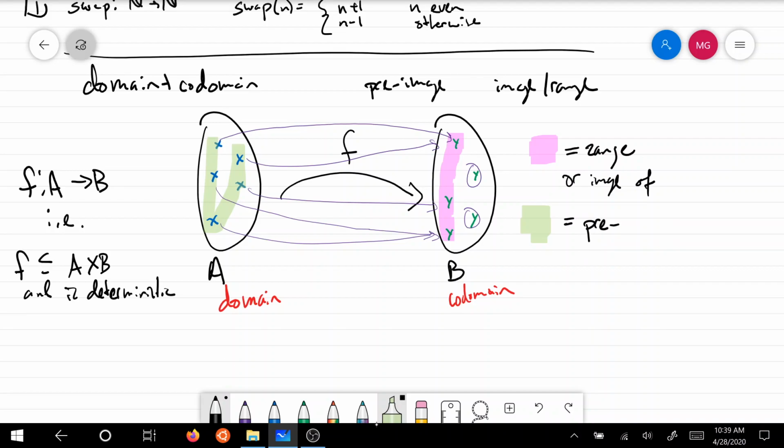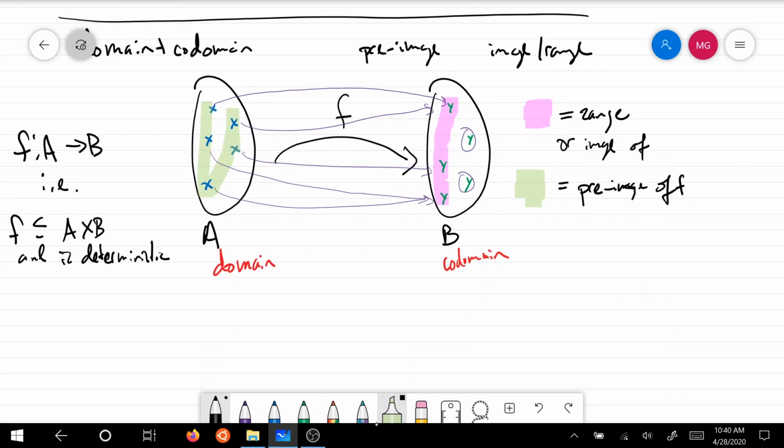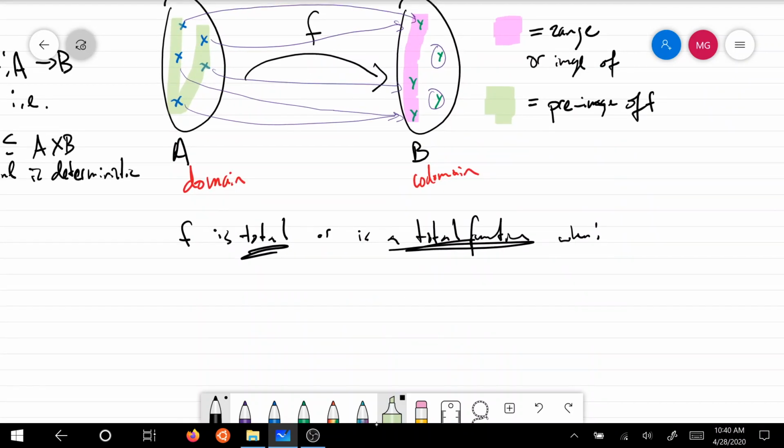Now, this is the pre-image of f. In the f that I've drawn, everything in A has a corresponding mapping in B. That is to say, this f is total. F is a total function when, and there's a bunch of different ways we can say this, the pre-image of f equals the domain of f.